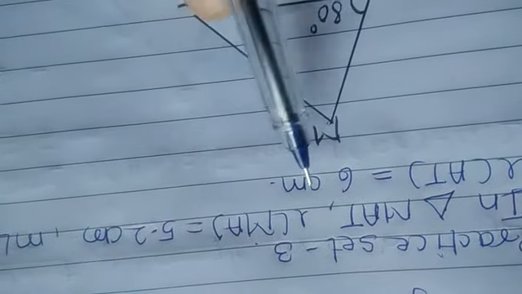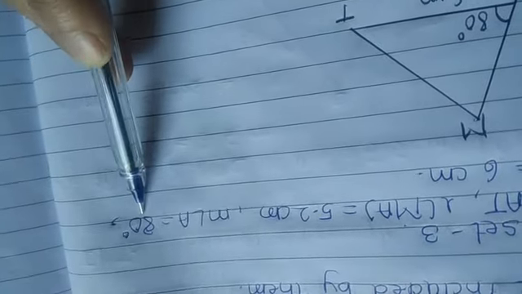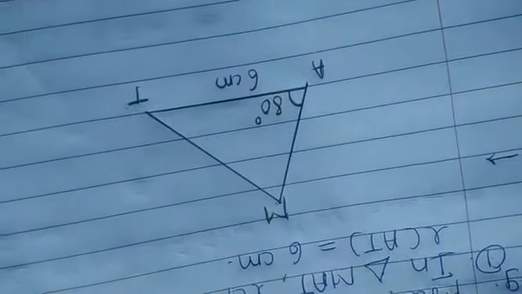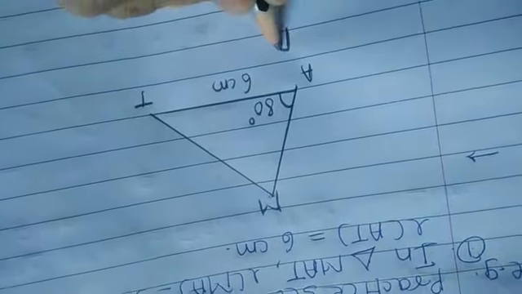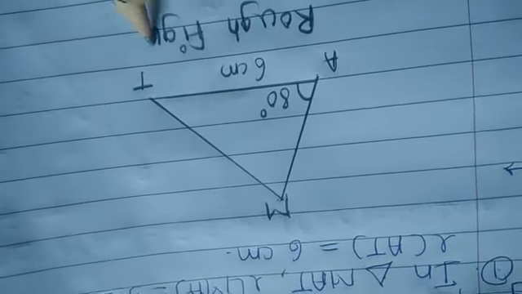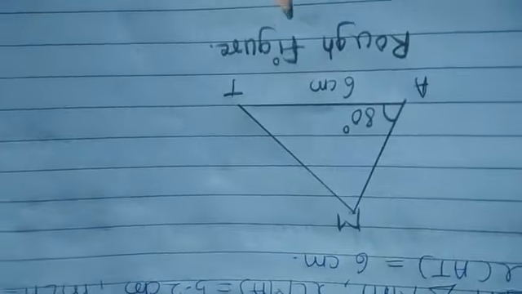So here two sides and one angle are given. From these three we have to construct a triangle. Here is the rough figure. Before every construction you have to draw a rough figure.